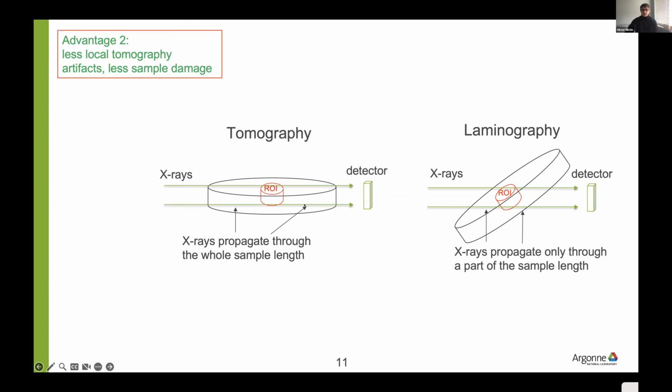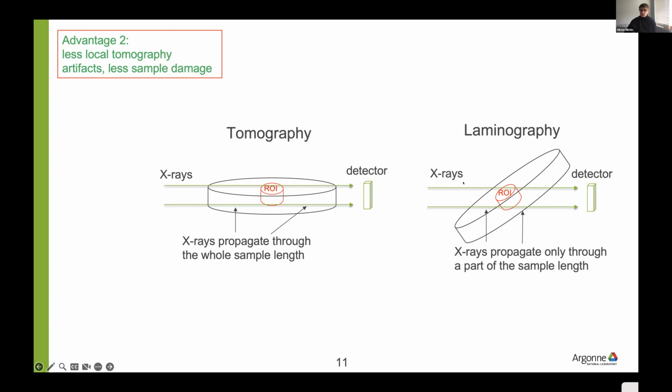And the problem here is that, of course, we damage the whole sample this way, because X-rays propagate through the whole sample. And then we also get some information from the regions that we don't want to have, like from here or from here. And of course, this affects the reconstruction quality. So in tomography, this problem we call local tomography artifacts.